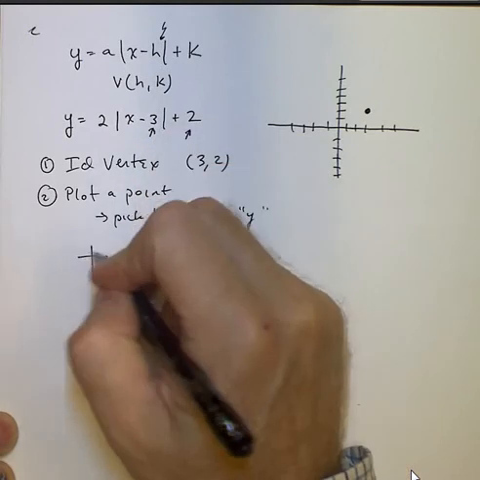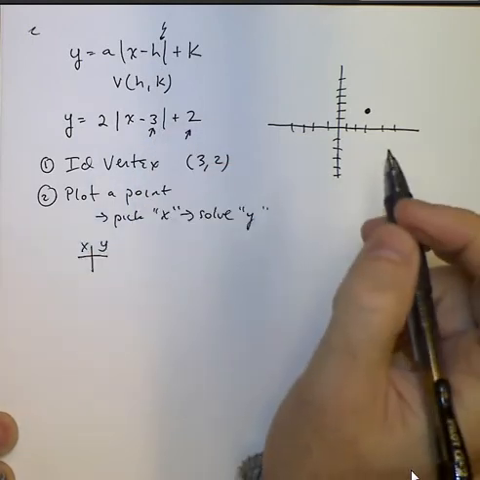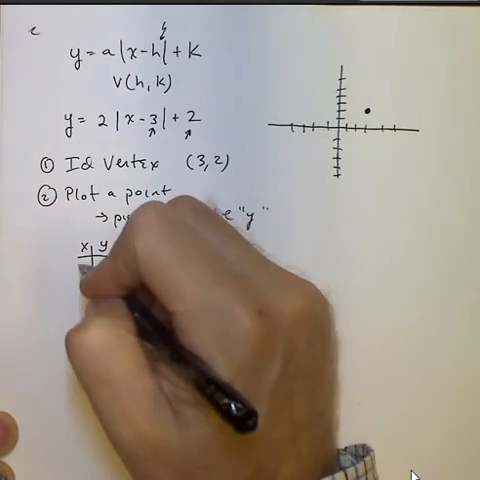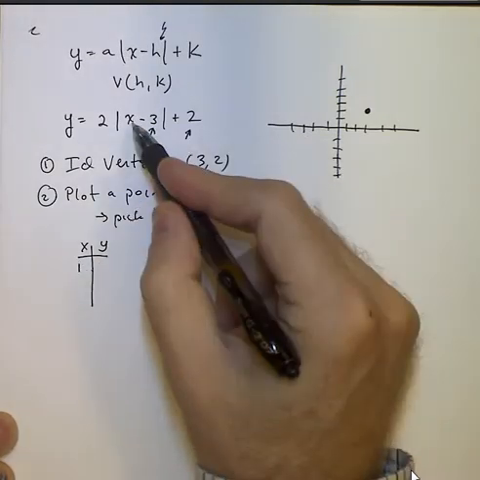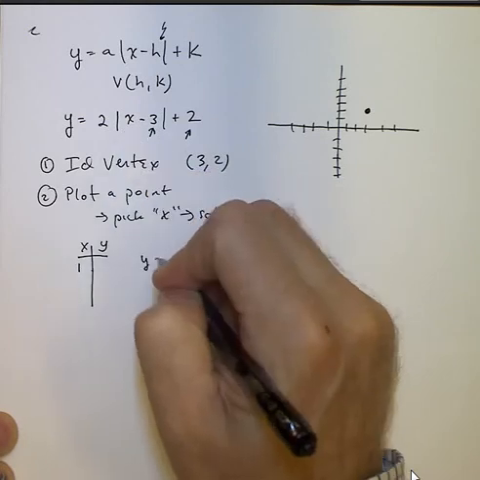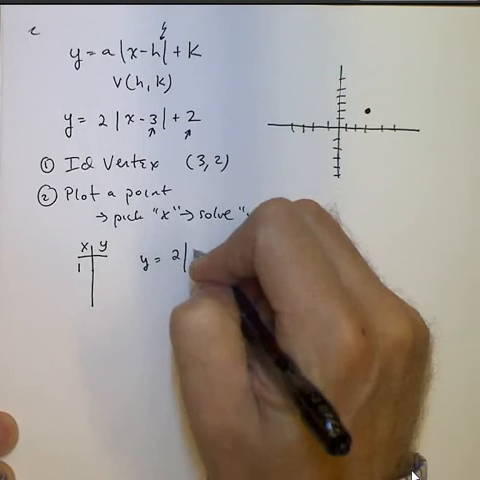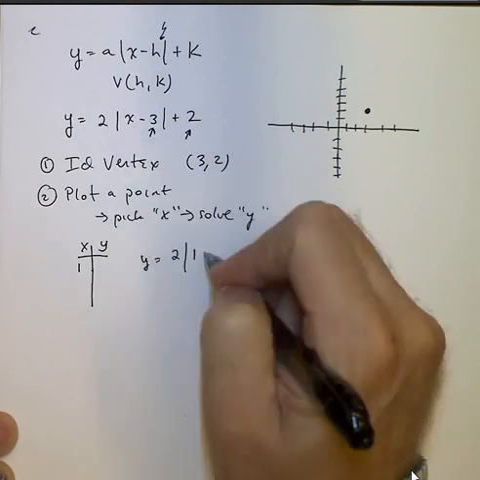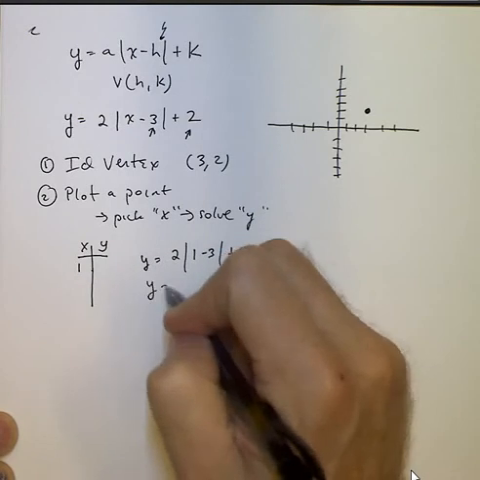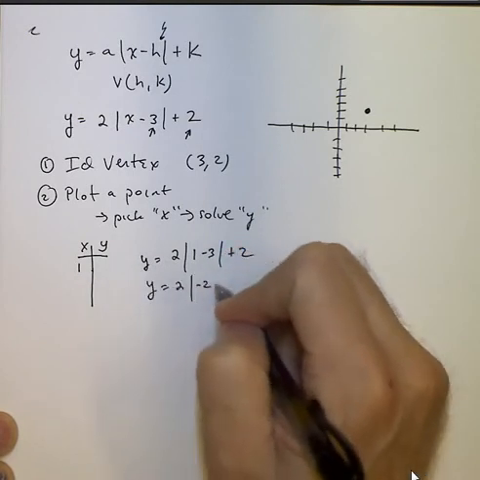I'm just going to use 1. So I take 1 for x and plug it back into the original equation. I get y equals 2 times the absolute value of 1 minus 3, plus 2. That's y equals 2 times the absolute value of negative 2, plus 2.